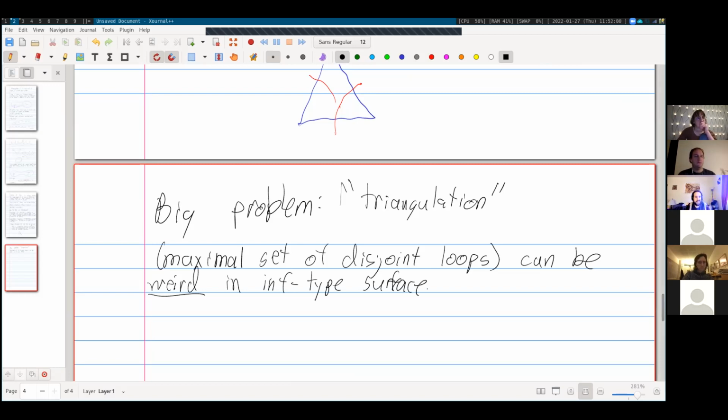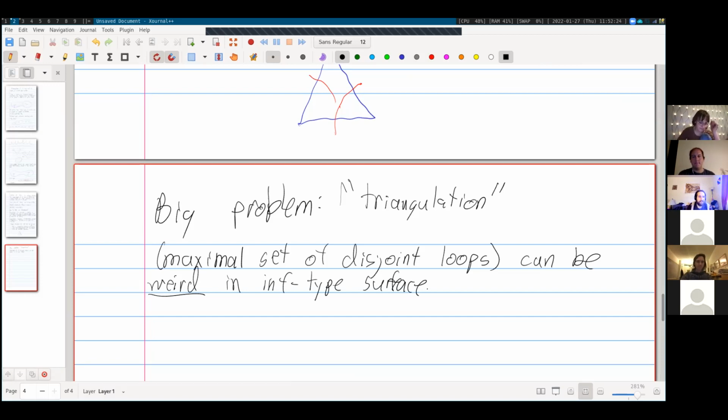What I mean by this is it's no longer at all clear that the complementary regions of such a thing are triangles. The triangulations exist if I define them as a maximal set of disjoint loops, because I can just apply Zorn's lemma.